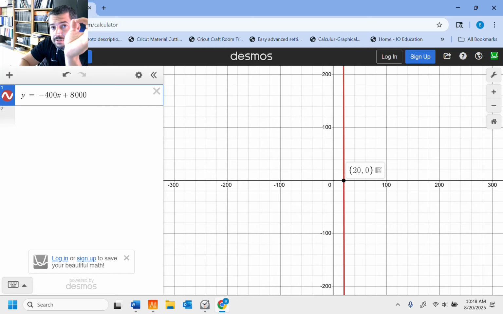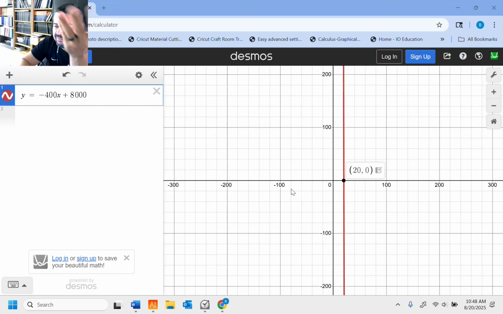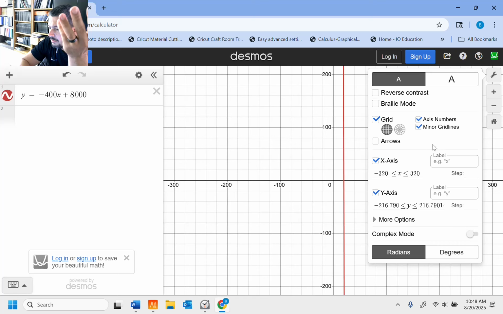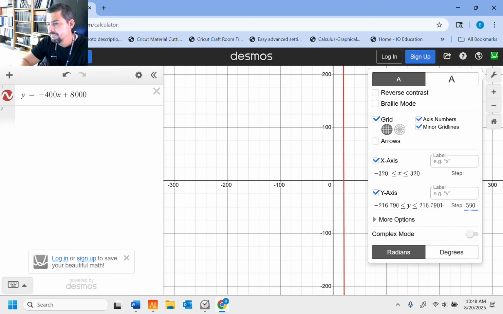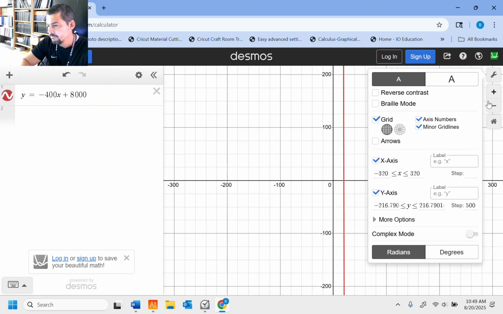So the domain for this thing would be x, which is time, 0 to 20 seconds. That's all it contains. You have 20 seconds of water. And Desmos may not have done the best graph. Maybe if I change this to be in thousands or something. Let's see here, the y-axis. Let's change the step to be 500. That did absolutely nothing, did it? Maybe I change the step to be 1,000.